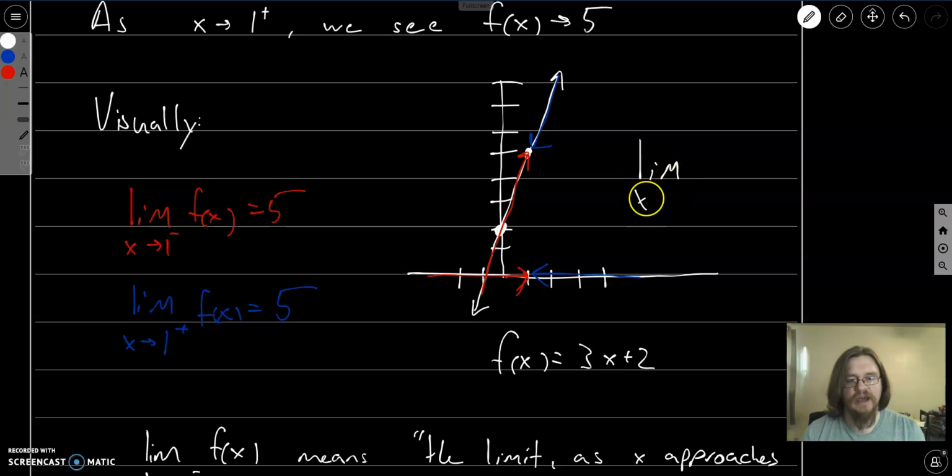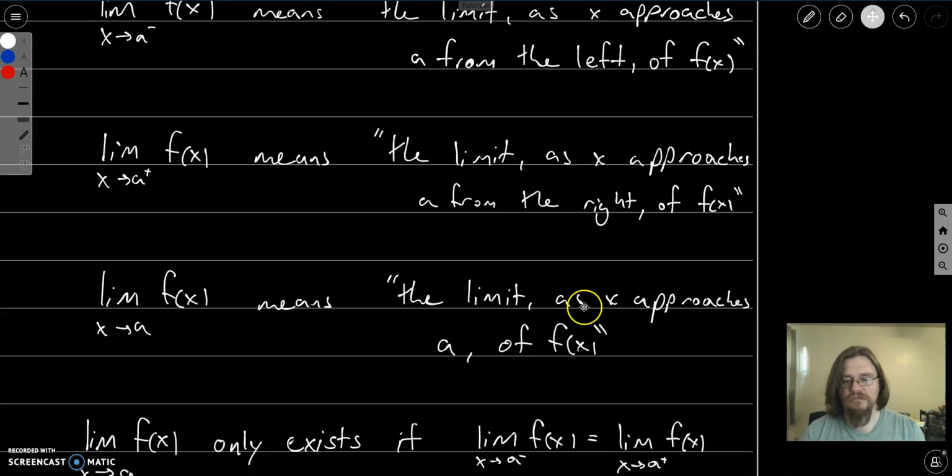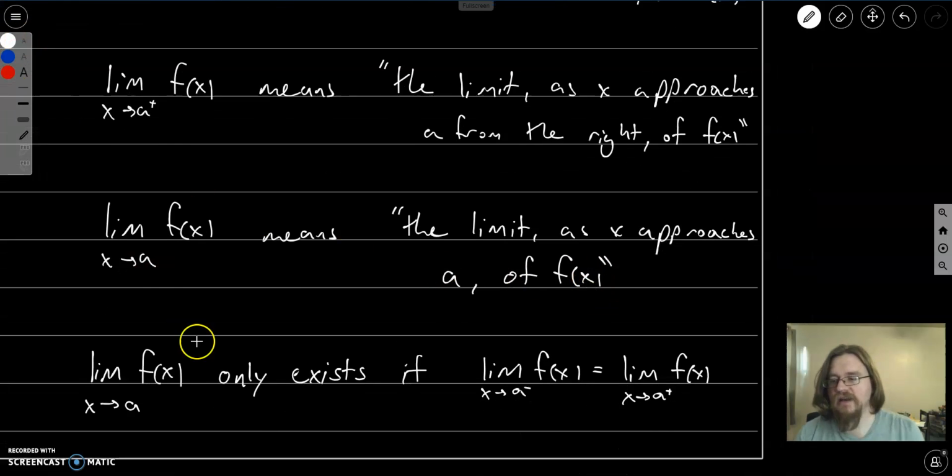So the limit as x approaches 1 from both the right and the left-hand side is equal to 5. So it doesn't matter which side we're coming from. And again, when I write this limit without a plus or minus sign, it means from both sides at the same time.